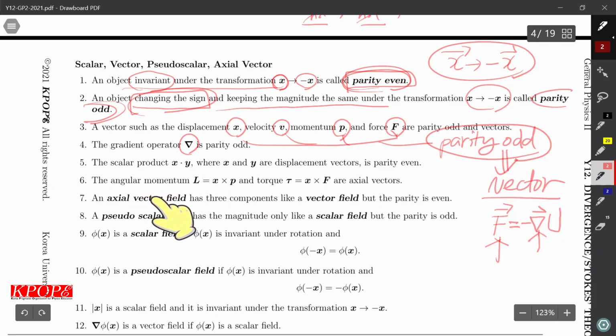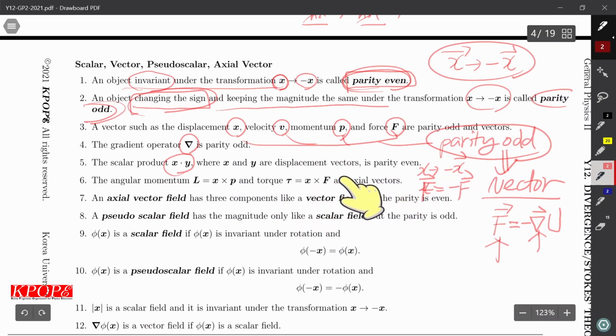The scalar product x dot y, where x and y are displacement vectors, is parity even. The angular momentum, x cross p, and torque: these are products of two vectors, but if we substitute x with minus x and p or F with minus p or F, the final result will be the same.